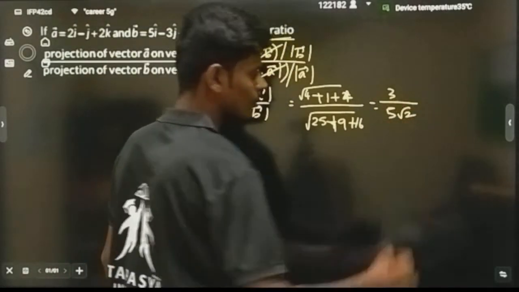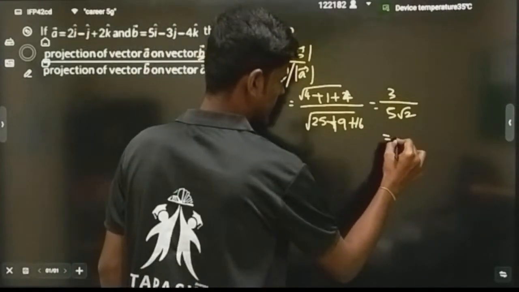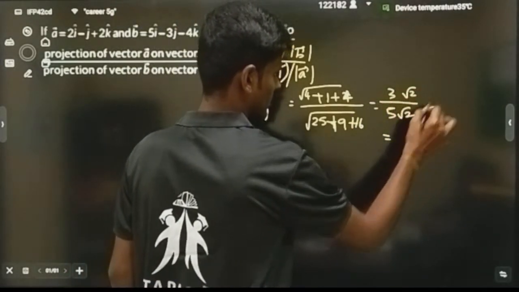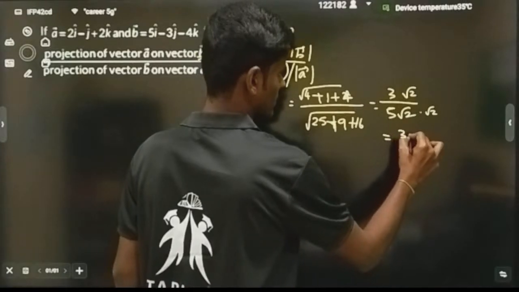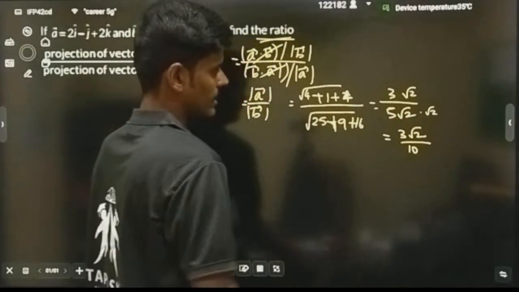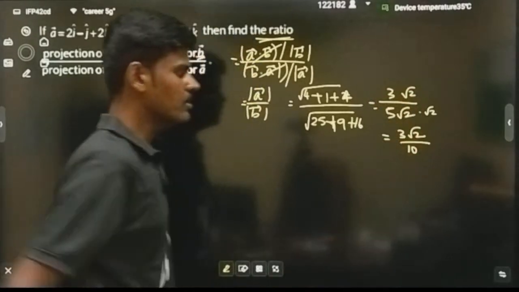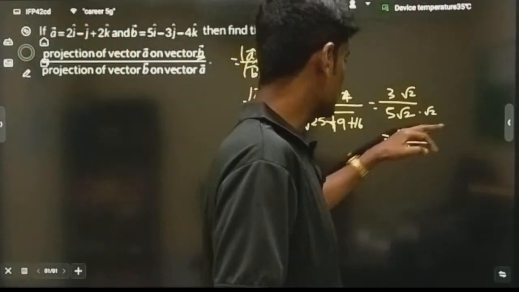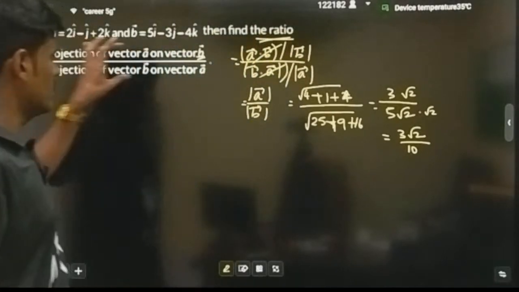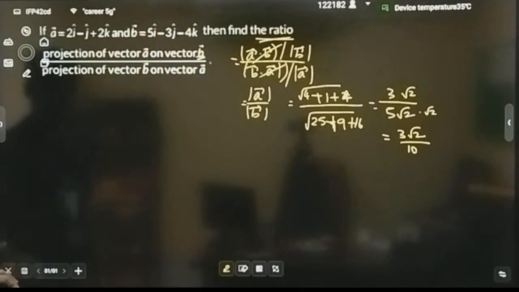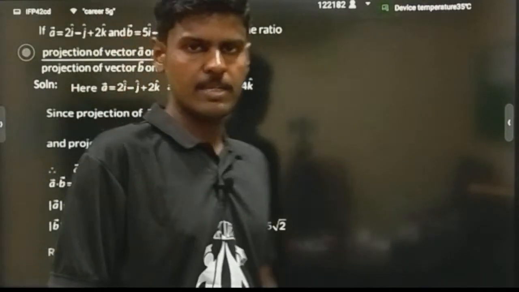This can be written by multiplying and dividing by root 2, then we get 3 root 2 divided by 5 into 2, that is 10. Either you can write 3 by 5 root 2 or 3 root 2 by 10. That is the answer, the projection of A vector on B vector divided by that of B vector on A vector: 3 root 2 by 10.